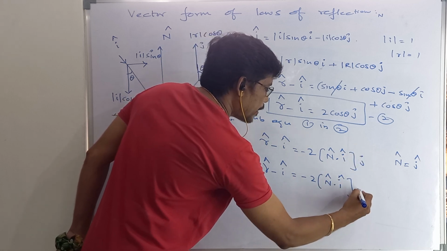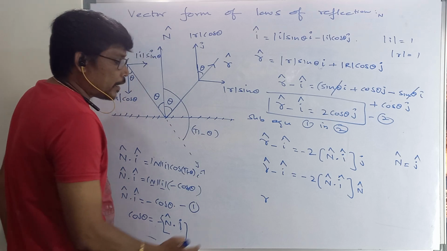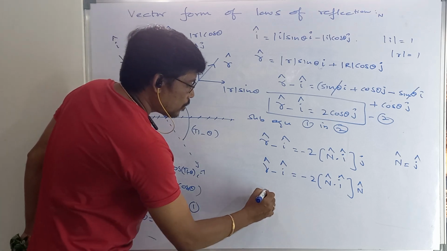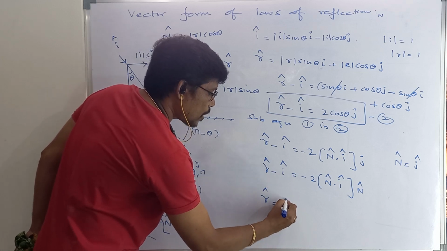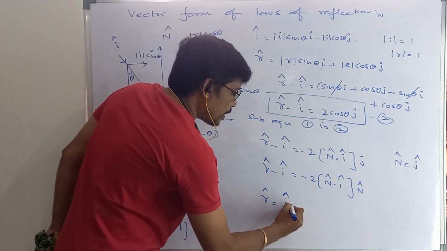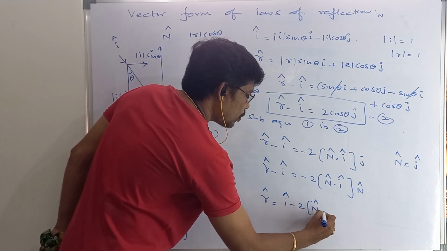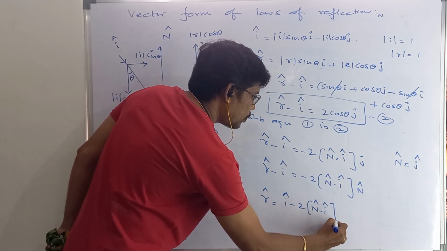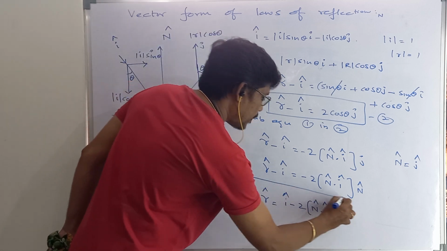Instead of j I can write n cap. So final result, reflected ray r cap is equal to I cap minus 2 n cap dot I cap into n cap. So this is the final result.